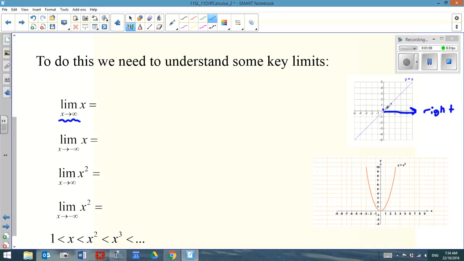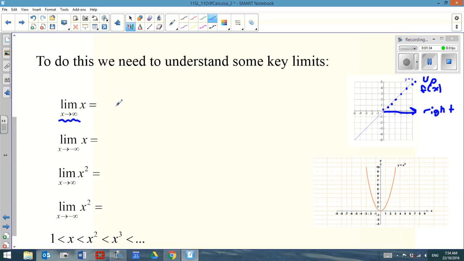So if I take my points along this line and I go toward the right, I'm going to the right, but I'm also going up at the same time. Remember, right is our x direction. When we look up, that's our y direction. So we're saying as x gets larger, my f of x, or my y value, is going to be going up, and it's going to get larger and larger toward infinity.